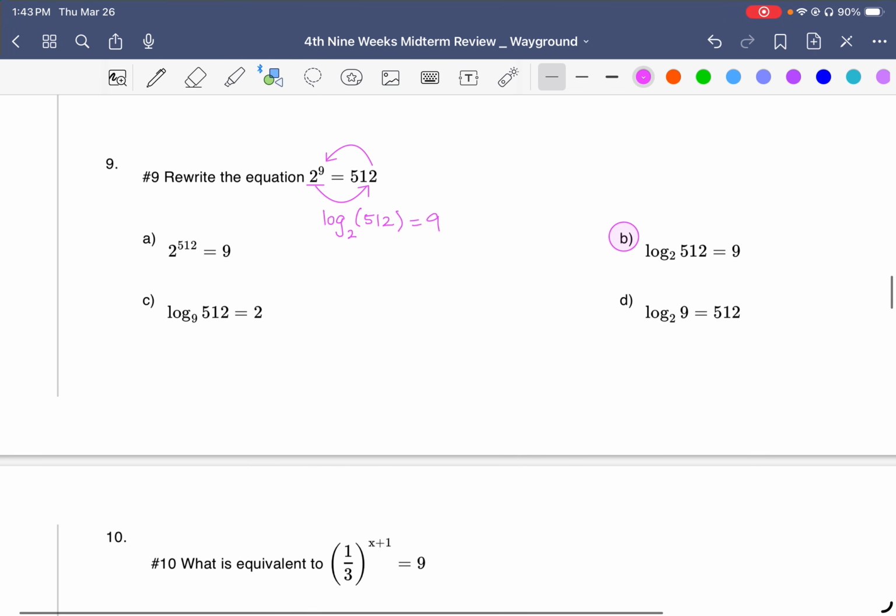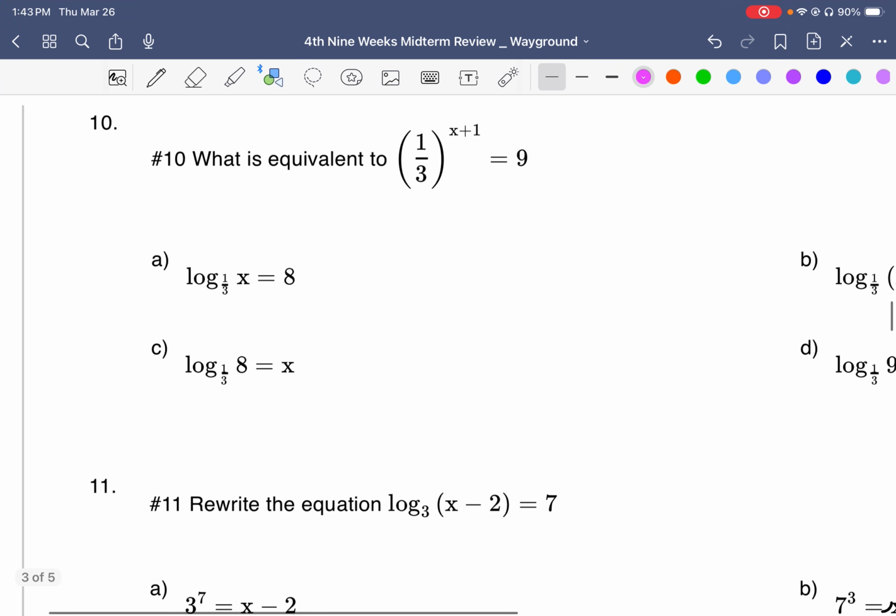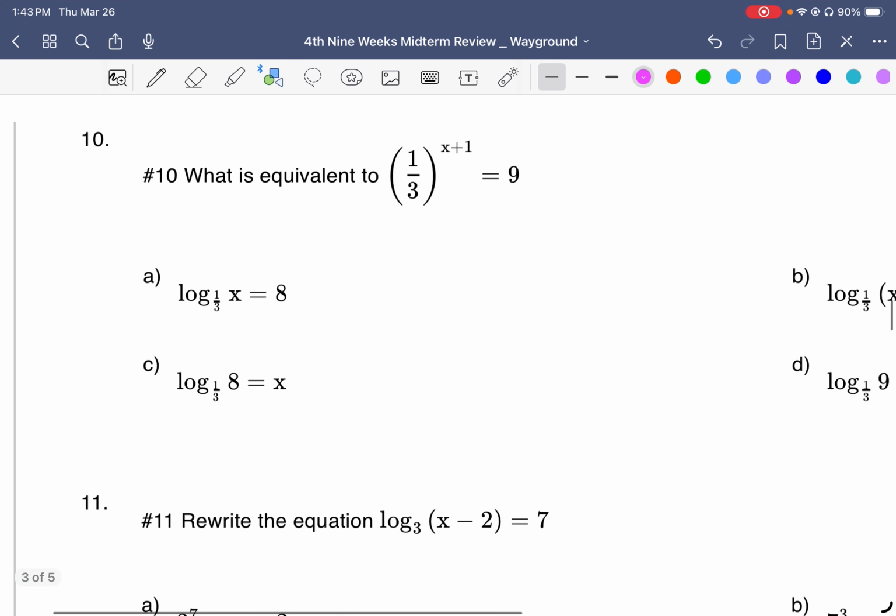Okay, let's go on to question number 10. What is equivalent to 1/3 to the power of x plus 1 equals 9? Okay, I can also rewrite this as a logarithm. This is an exponential function. I know this because x is in the exponent. So I'm going to do my loop by underlining the base, draw an arrow out, and then come back in.